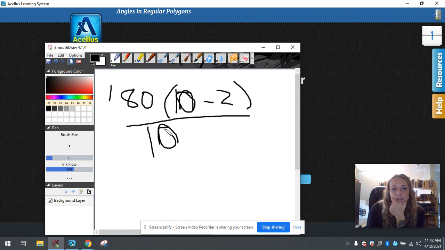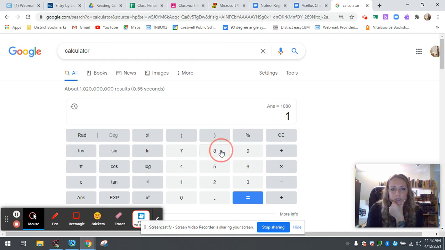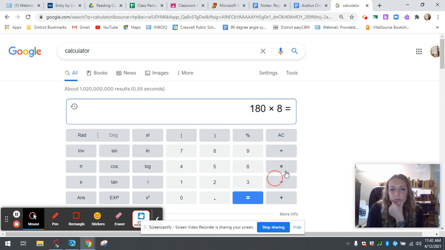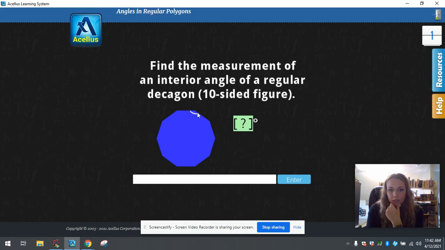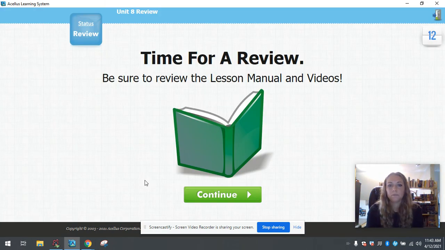Then I solve this. 180 times what's 10 minus 2? That's 8. 180 times 8 divided by 10 equals 144. So the interior angle, this angle here, and this angle, and all the other ones, because it's a regular polygon, would be 144 degrees. And we're on to a new lesson.